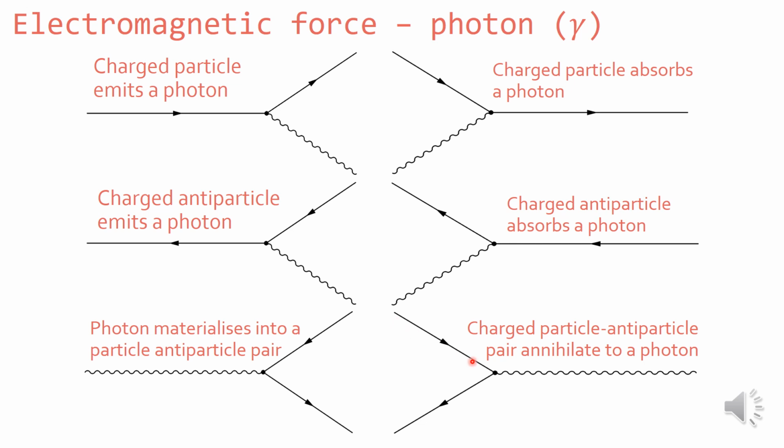Equally, a particle and antiparticle can come together and annihilate to produce a photon, which is why in the ALPHA experiments at CERN, which is part of the Antimatter Factory, people aren't allowed in the area when the experiment's running, because it's emitting lots of high energy gamma rays, which are a form of radiation. They're very dangerous. So when matter and antimatter come together, they will just produce energy.